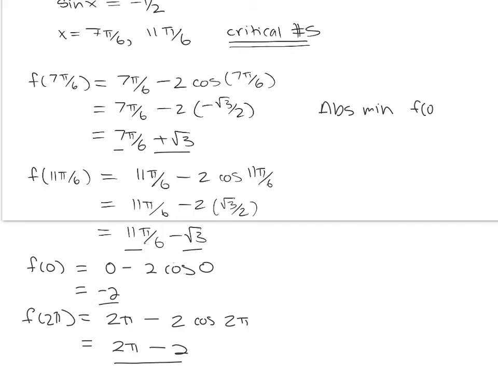You can tell that all of the others are positive. Does that at least make sense? Pi is 3-ish, right? So the last one's positive. The first one's obviously positive. And the second one, root 3 is somewhere between 1 and 2, and 11 pi 6 is almost 2 pi, so it's not that one.